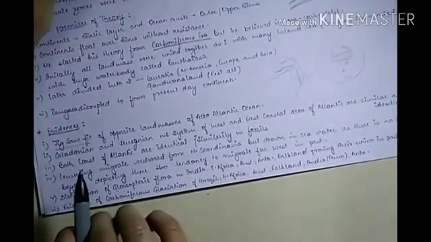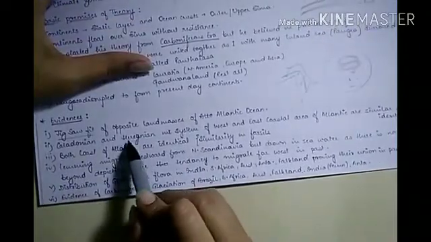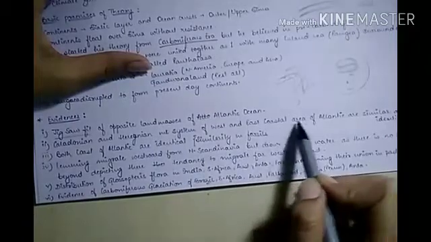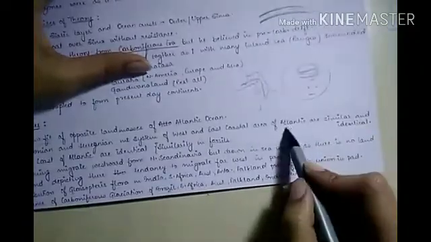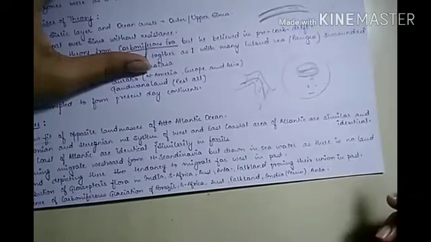Next, he proved that the Caledonian and Hercynian mountain systems on the west and east coastal areas of the Atlantic are similar and identical. Their rock structure was similar.